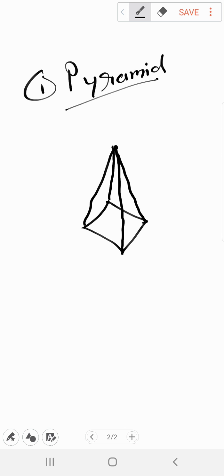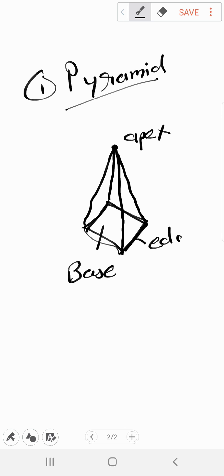So this point is called the apex, and the square is the base of the solid. These lines are called the edges of the base, and the slant edges are called the generators.